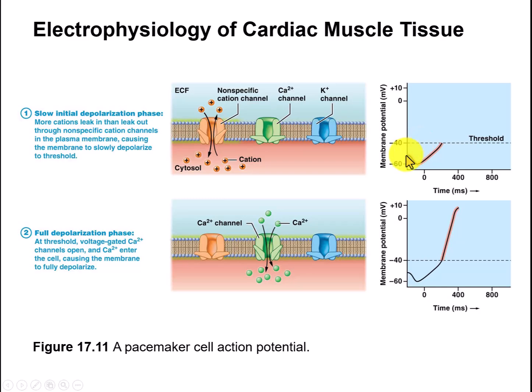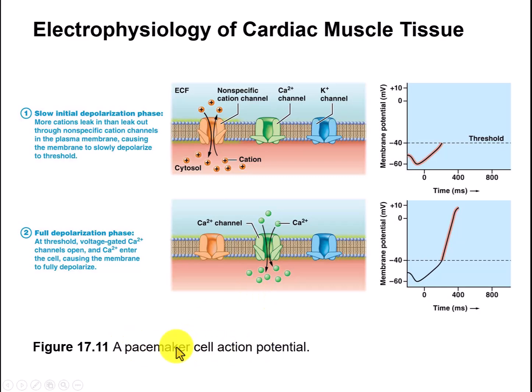Here you can see around minus 55, with threshold at minus 40. Remember, threshold is where an action potential actually is fired. Here we have a non-specific cation channel open, causing a slow depolarization. Then when we reach threshold, our calcium channels open, and we have a rapid influx of calcium.